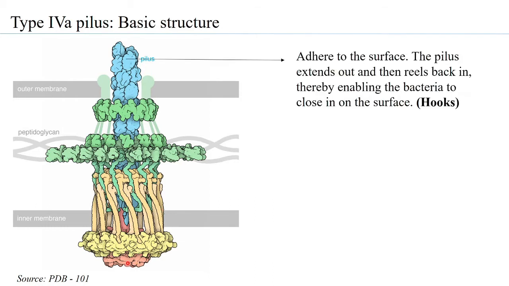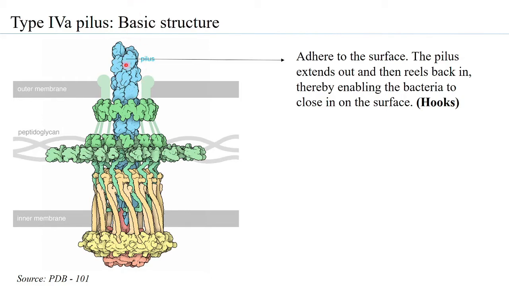Now, what is important is that the tip of the pilus helps in adhering to surfaces. In terms of motility, because we understand that the type 4a pilus is associated with motility and has a motor present, the movement of the motor seems to extend the pilus out.